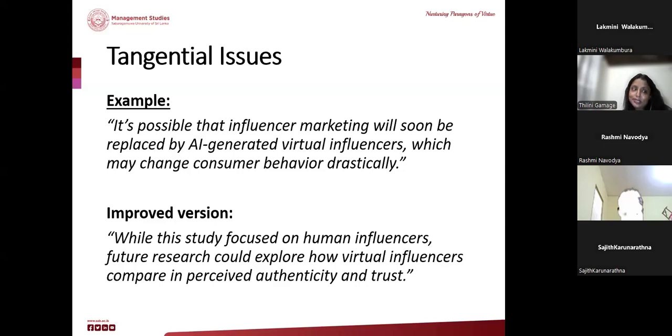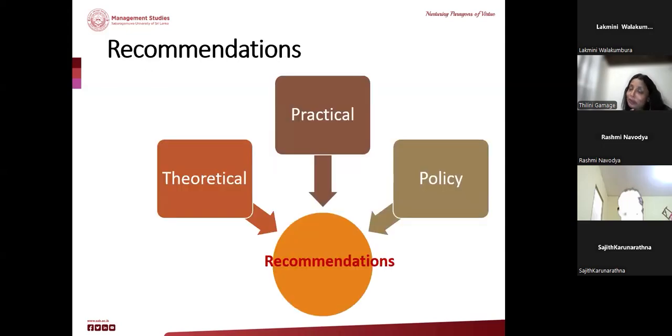Right. So having said that, along with the discussion, it's my duty to talk to you about the recommendations. I'm sure by now all of you know about recommendations, you may have heard about recommendations in research.